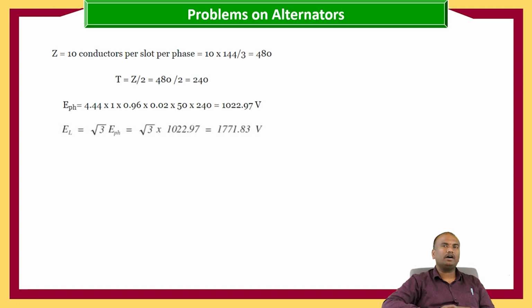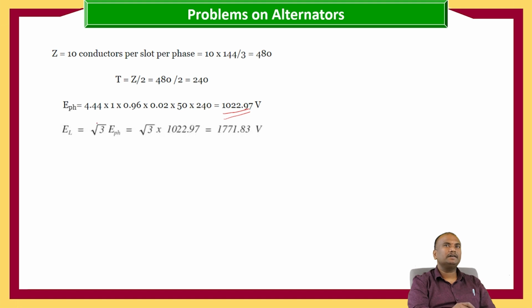Now let us substitute all these values into the above equation. In this problem the winding is given as full pitch winding, so the pitch factor we have to consider as 1. So E per phase is equal to 4.44 into 1 into 0.96 into 0.02 into 50, which is multiplied with 240, which is equal to 1022.97 volts.